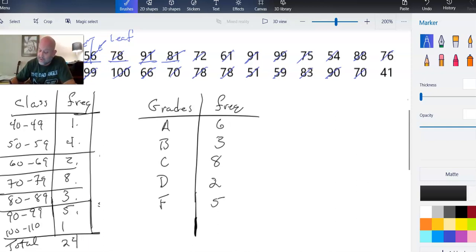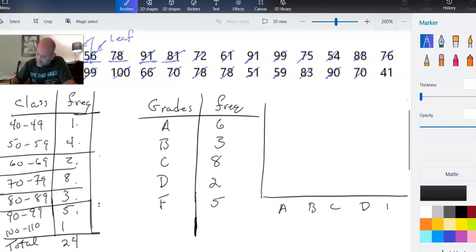And when you have categories that aren't numbers, what you end up doing, you still give them a bar, and you still have this frequency height. 1, 2, 3, 4, 5, 6, 7, 8. This time I'm going to go all the way up to 8.